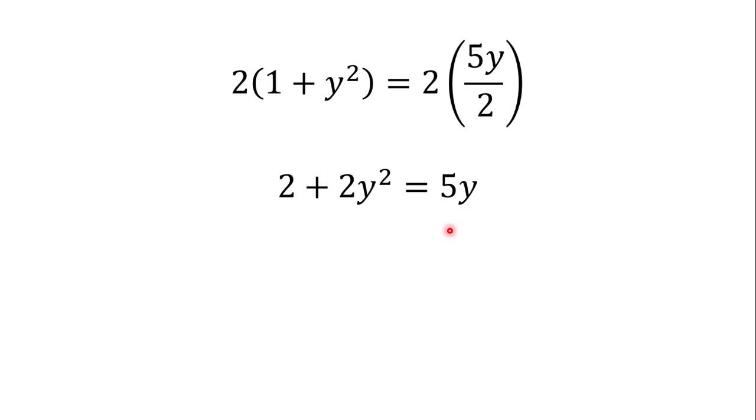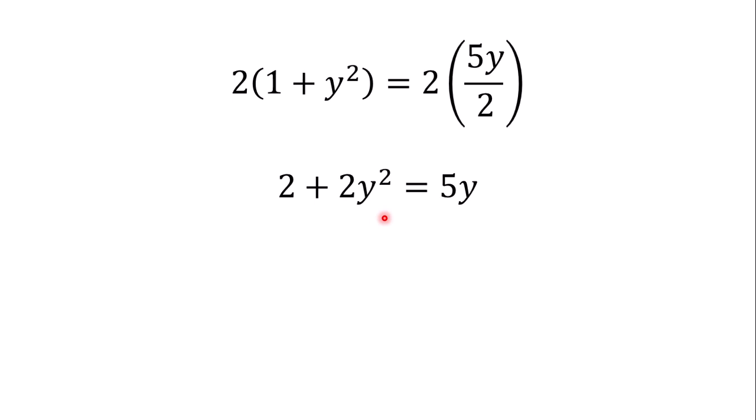Well, this is a quadratic equation, though it's not equal to 0, but it's still a quadratic equation because of the y squared here. So how are you going to find the value of y? We can use about three or four different approaches: graphical approach, quadratic formula, factorization, and completing the square.